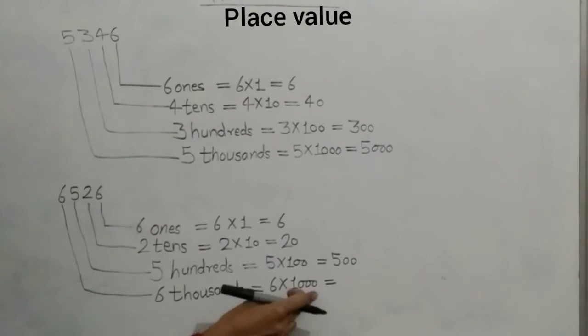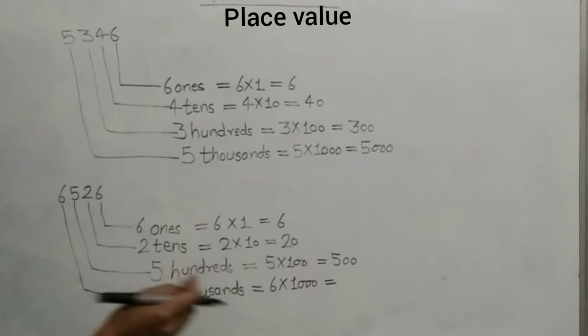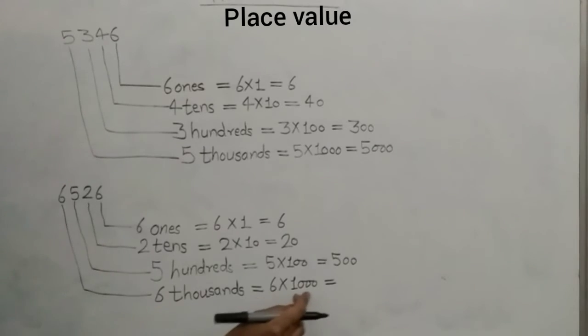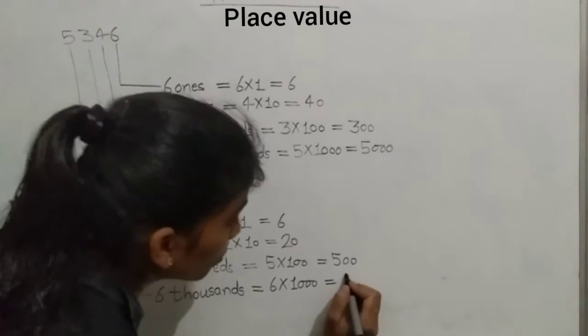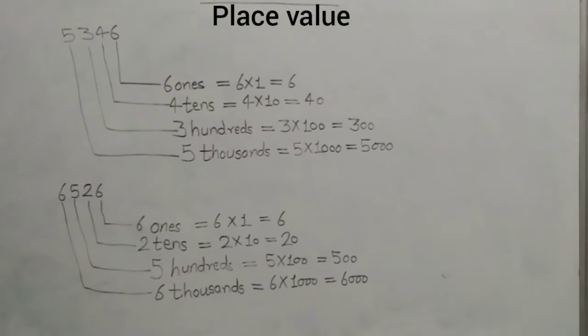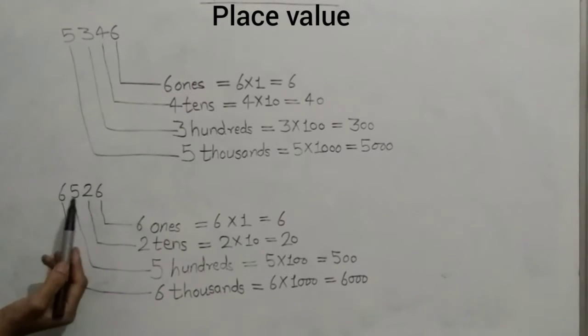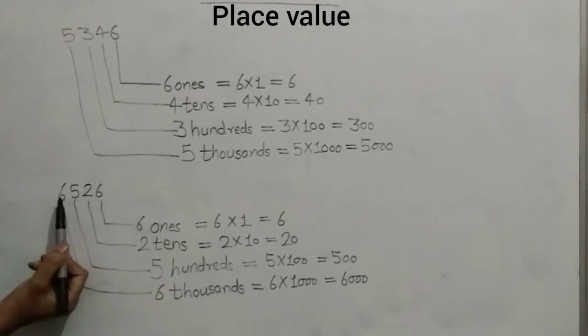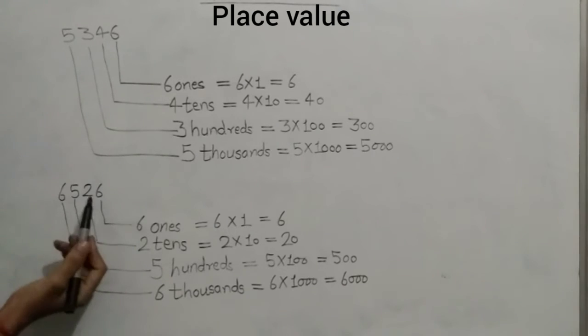Thousands, thousand multiply, हंड्रेड प्लेस पे है तो हंड्रेड से मल्टीप्लाई, टेंस पर है तो टेन से मल्टीप्लाई एंड वंस पर है तो वन से मल्टीप्लाई. तो 6 multiplied by 1000 equal to 6000.